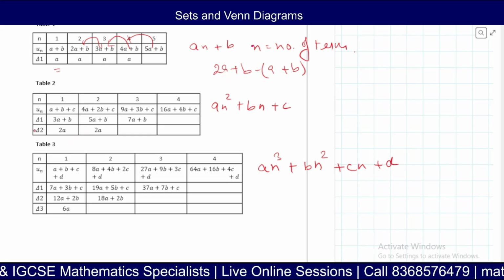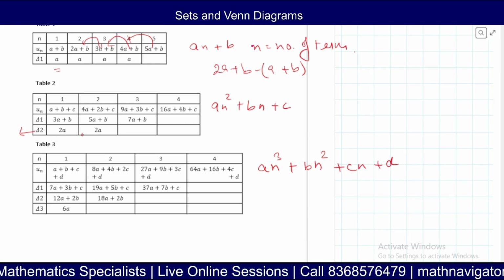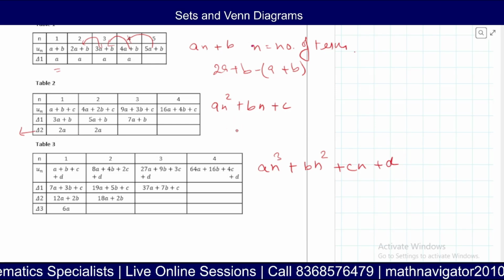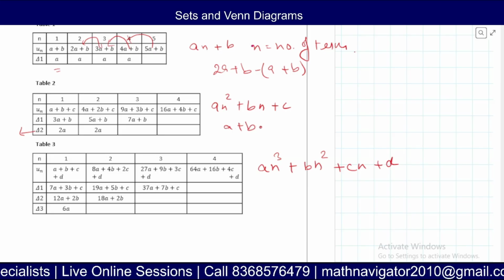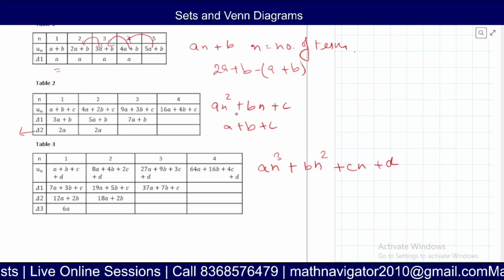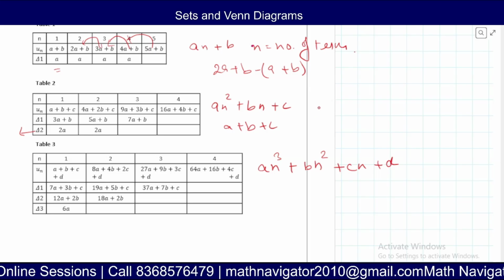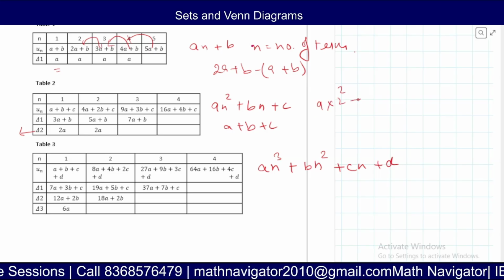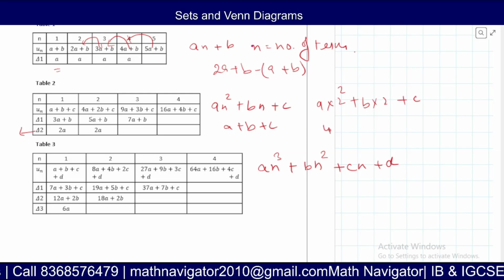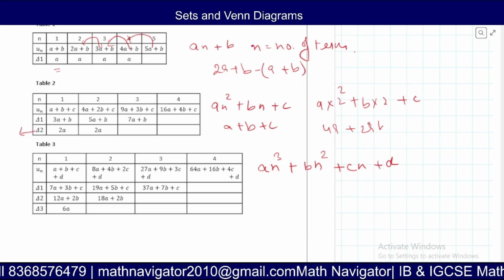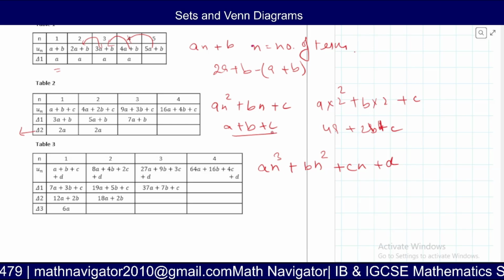Now this is my quadratic sequence. Why quadratic? Because the second difference is constant: 2a, 2a. How is it done? If I put n as 1, my first term will become a plus b plus c. My second term will become 4a, because a times 2 squared, plus b times 2 plus c, so this becomes 4a plus 2b plus c.